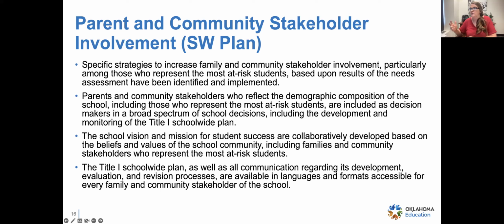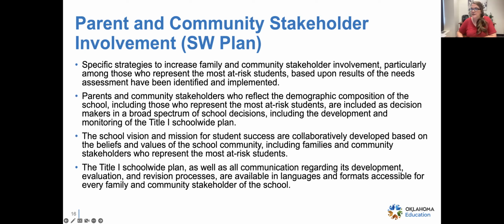You're looking for them to reflect the demographic composition of the school. So when you are involving parents, you want to get a good representation of your group, especially those most at-risk students. And decision makers are in a broad spectrum of school disciplines, including the development and monitoring of the Title I school-wide plan. So when you talk about your Title I committee, you want to make sure you check lots of different boxes, and that group is representative of your community as a whole.